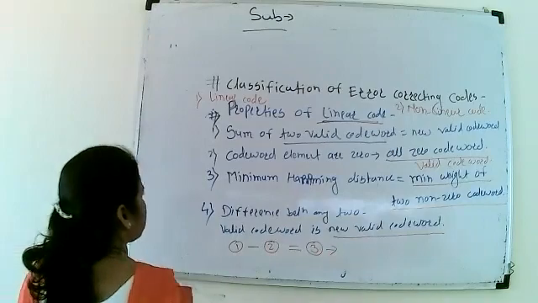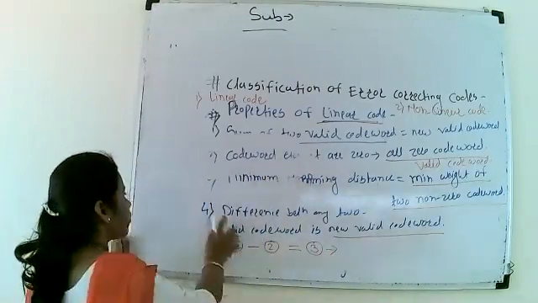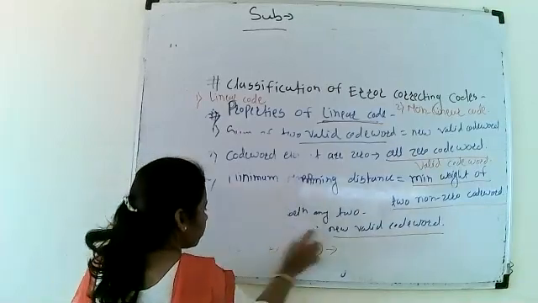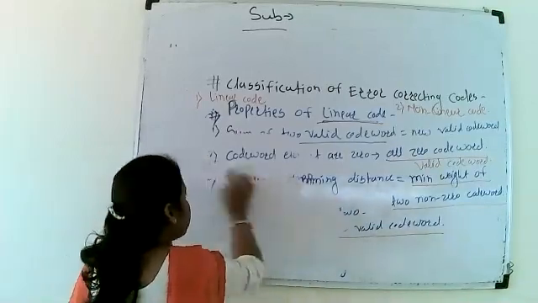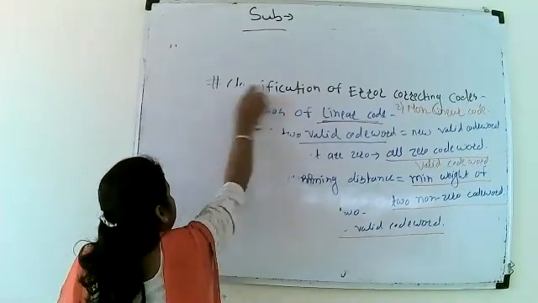That is regarding the classification of the error correcting code. In the error correcting code, on the basis of the parameters, we have two types: linear and non-linear code.